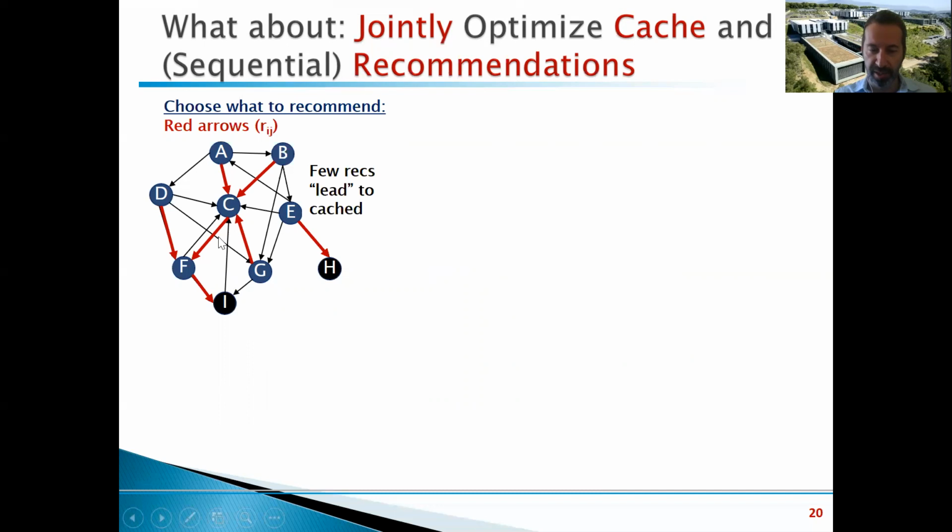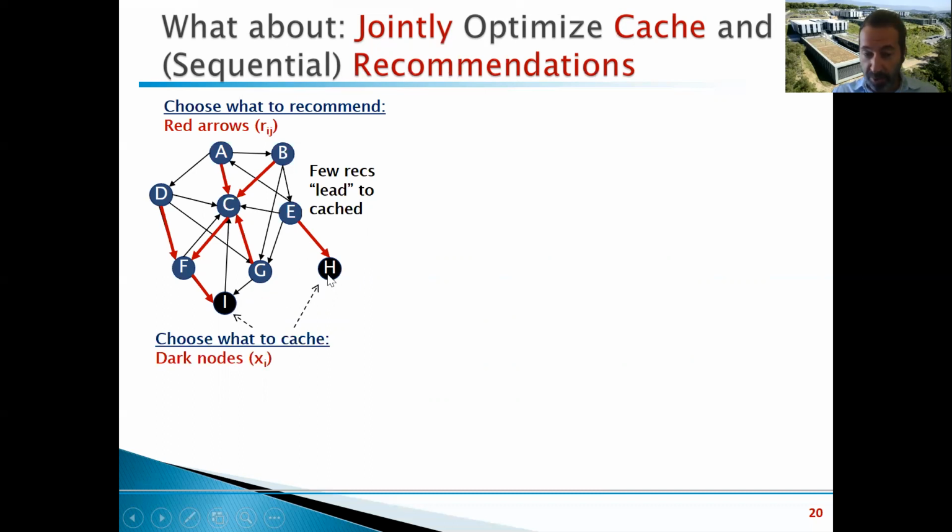So imagine this original setup that I had, where the dark arrows are the similarity graph, and the red arrows are what you are able to recommend. Here I have these two items cached, I and H. And you see that in this case, the best that I can do is just a few arrows leading to dark contents, the cached ones.